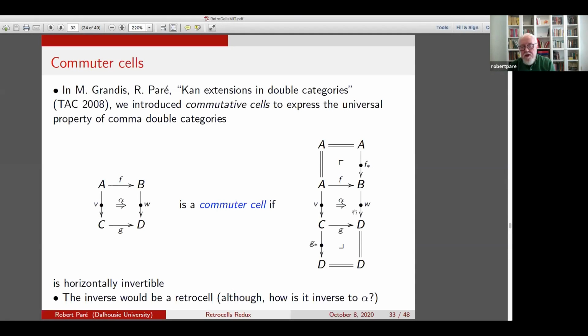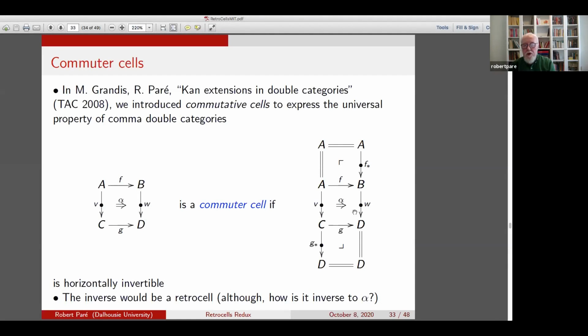Now the origin, for me anyways, came a long time ago in this paper with Marco in 2008. We were talking about Kan extensions and double categories, and we needed to discuss comma categories and double categories, which come up if you want to define pointwise and stuff like that.